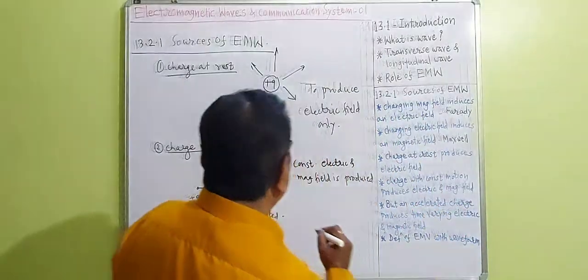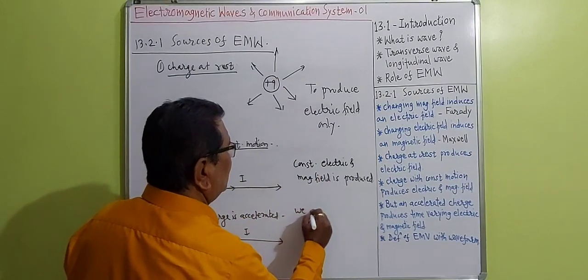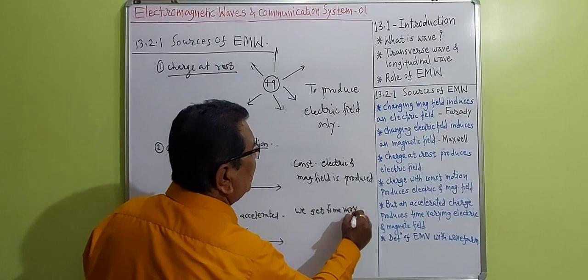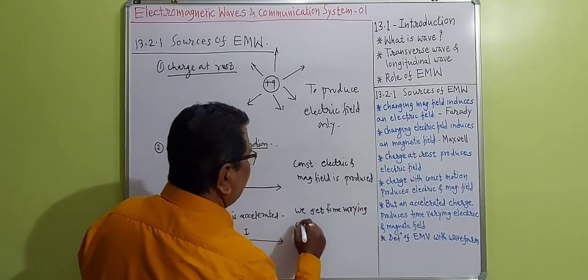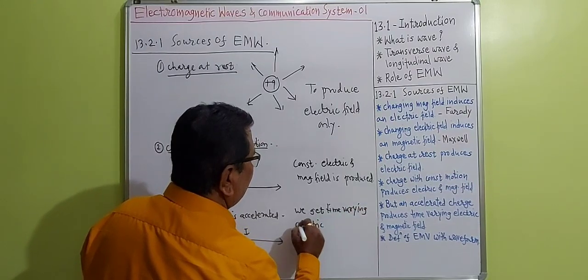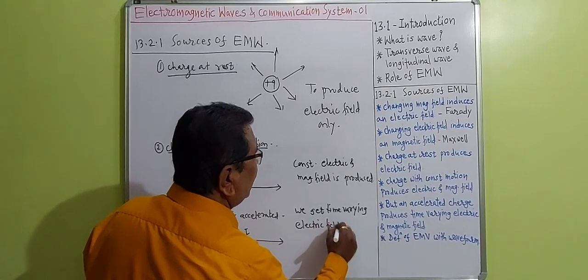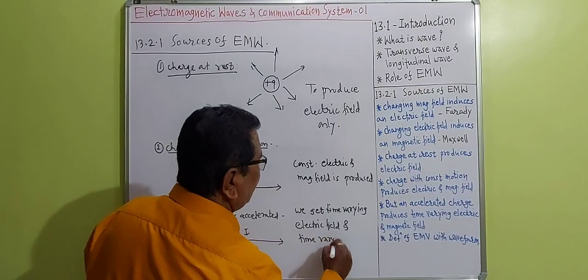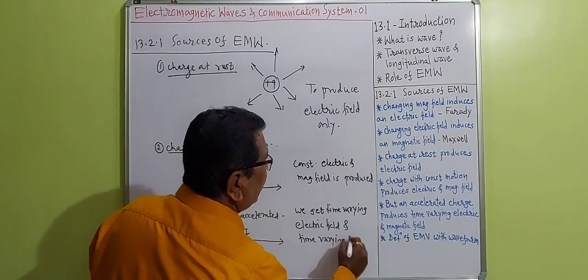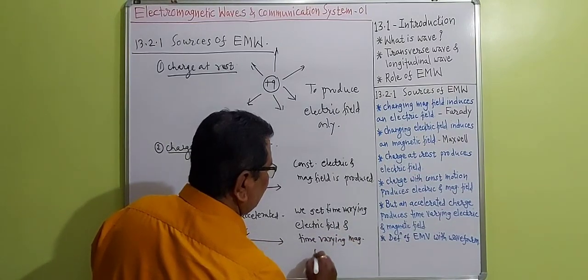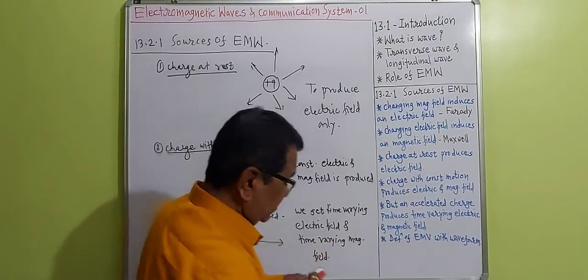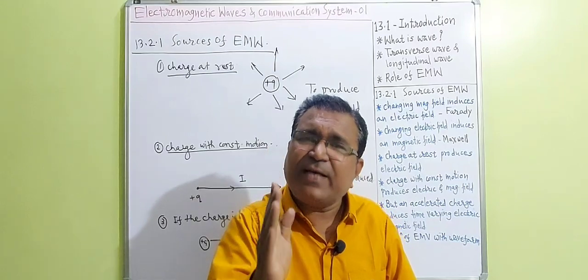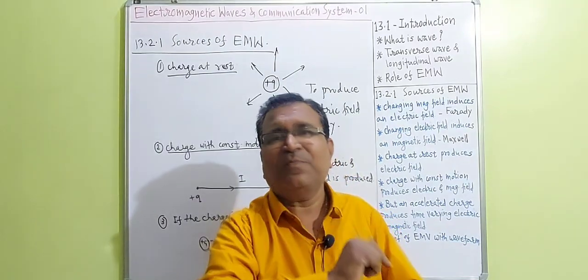We get time varying electric field and time varying magnetic field.